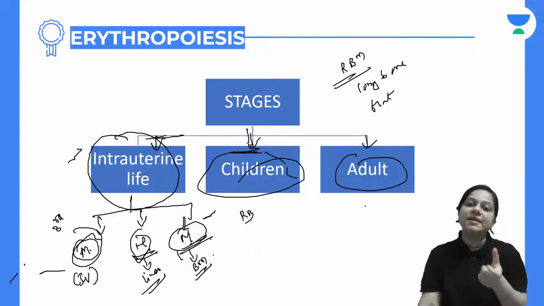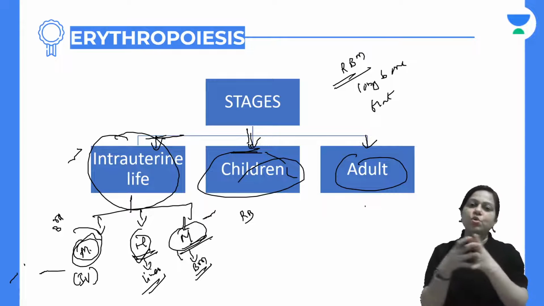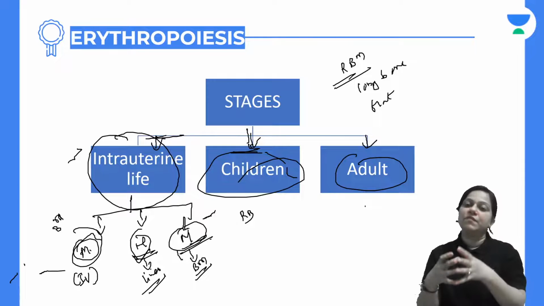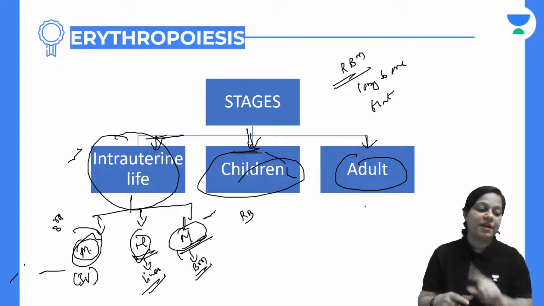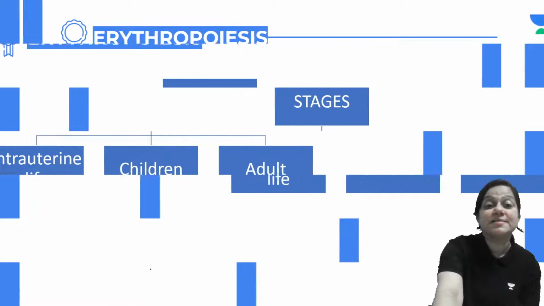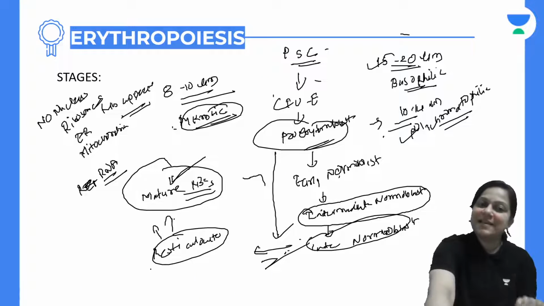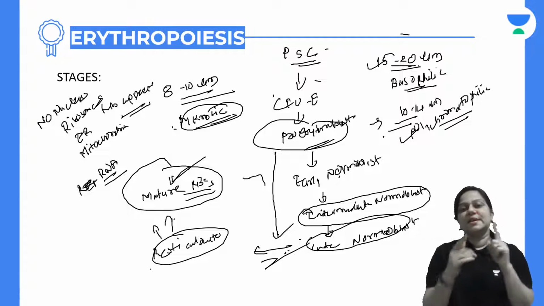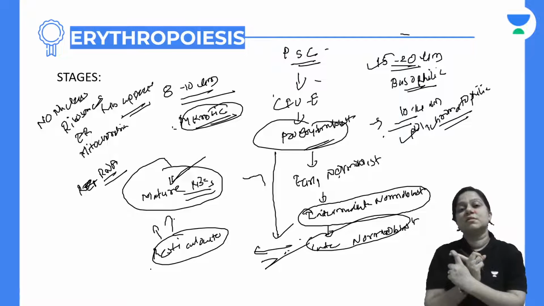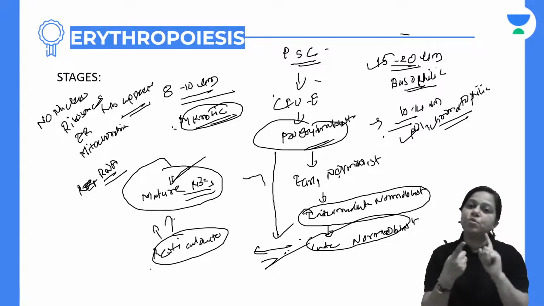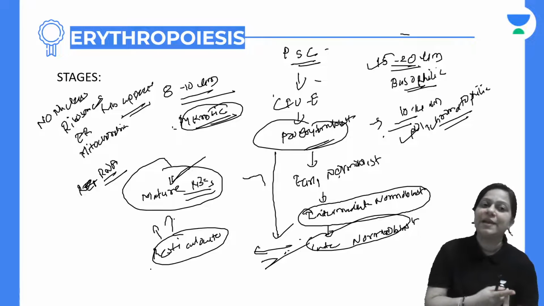It is the early stage of life, from the early embryo to the first 3 months of intrauterine life, where erythropoiesis occurs inside the blood vessels. That is intravascular erythropoiesis. Intravascular erythropoiesis occurs in the early embryo up to the 3rd month of intrauterine life.